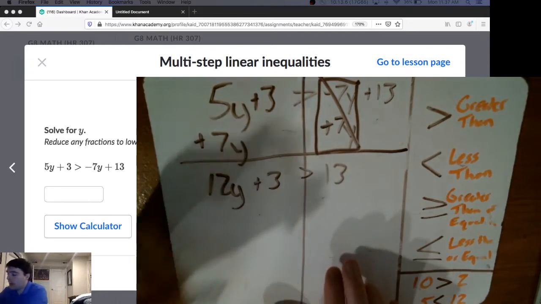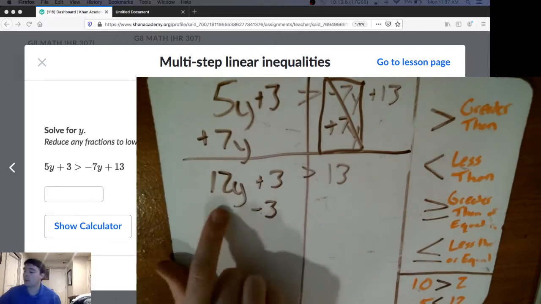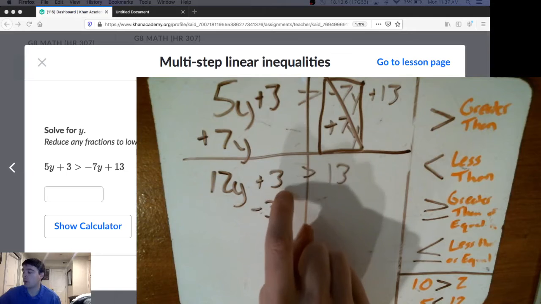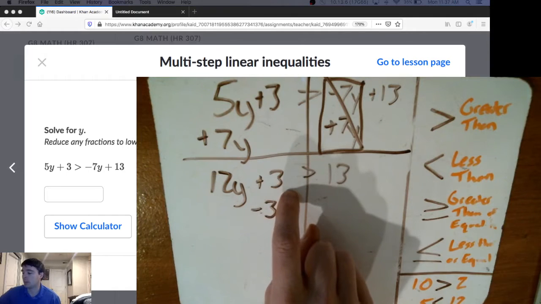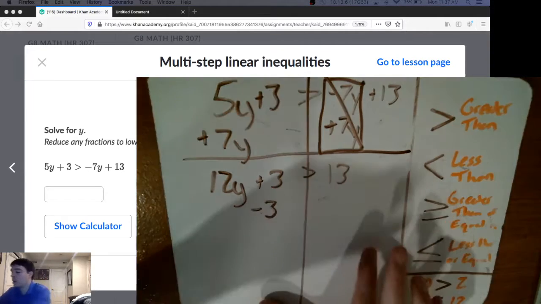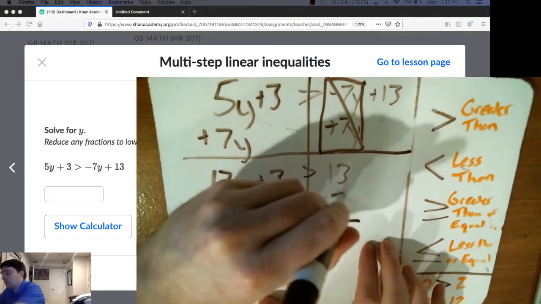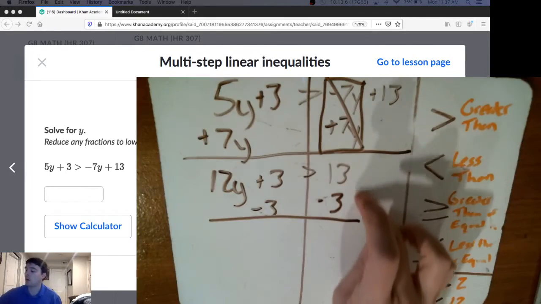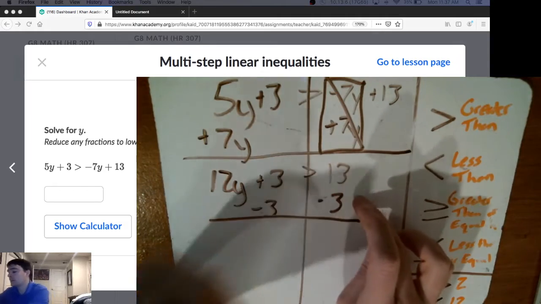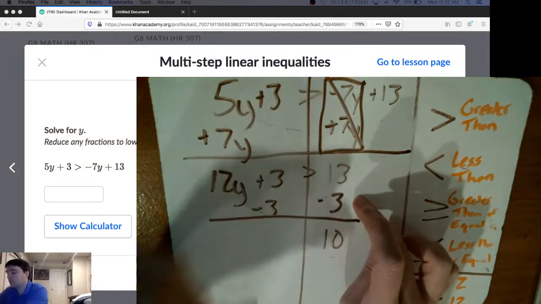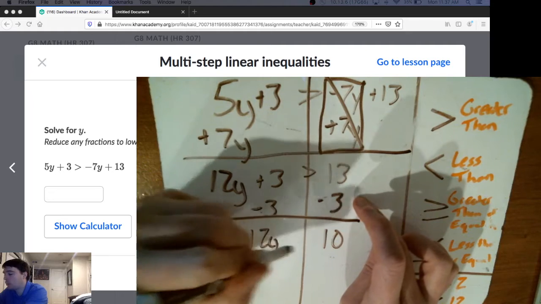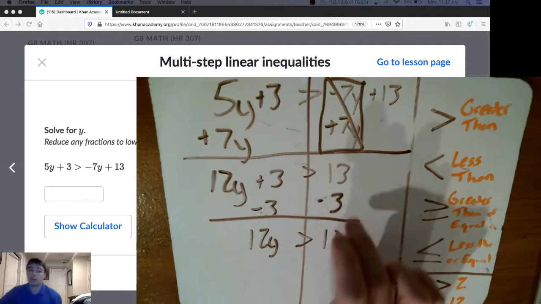I'm going to subtract 3, because now that the y's are on the left side, I don't want the regular constants, the regular numbers, on the left side anymore. Subtracting 3 gets rid of the positive 3. By subtracting 3, I've sent all my constants to the right side of this inequality. 13 minus 3 combines to make 10. So now I have 12 times y needs to be greater than 10.